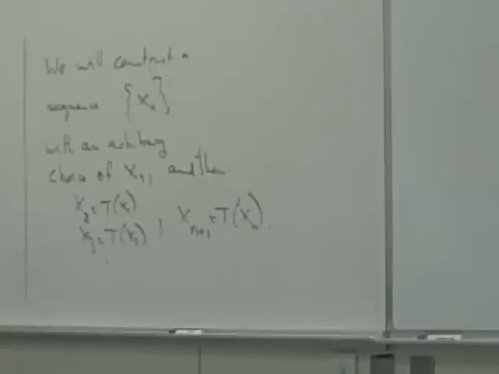So what we're going to show is that this is in fact a Cauchy sequence, and the limit of it is going to be the point that we're looking for.